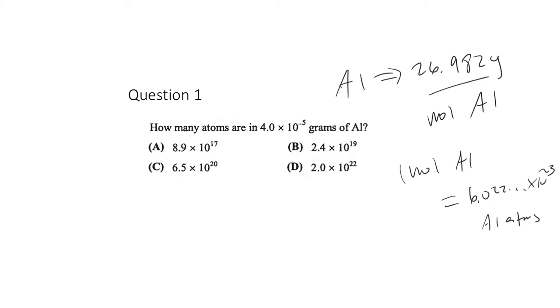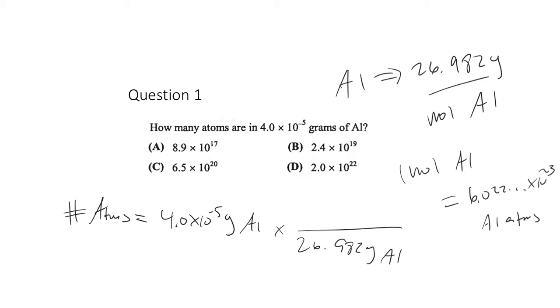So if we want to work out the number of atoms of aluminum here, we're going to start with our grams. We can use our conversion. For every 26.982 grams of aluminum, that represents 1 mole of aluminum. And then 1 mole of aluminum is 6.022 times 10 to the 23 Al atoms.